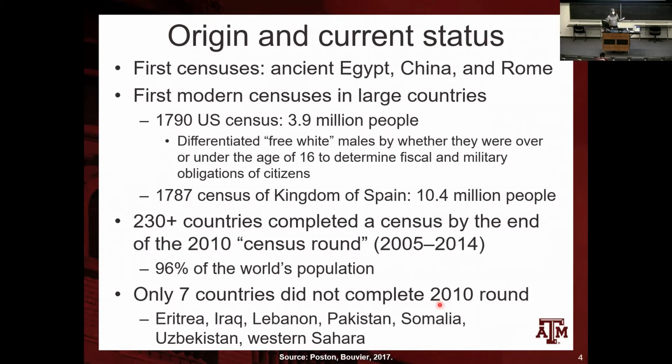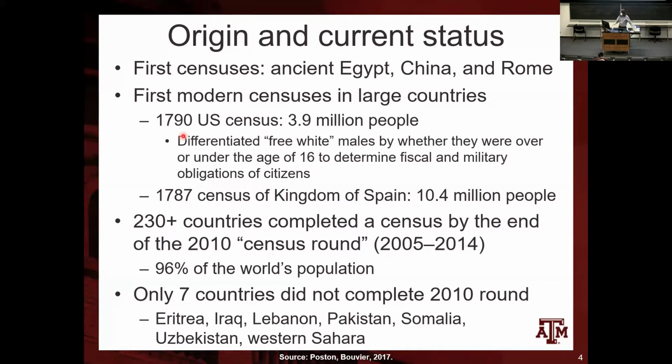When did the census start? So there has already been a long history of census being implemented. The first censuses were in ancient Egypt, China, and Rome. And the first modern censuses in large countries were collected, for example, in the US. The first demographic census in the US was in 1790, in which like 3.9 million people were counted.